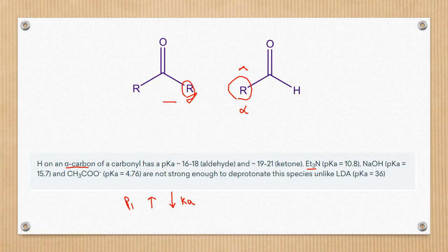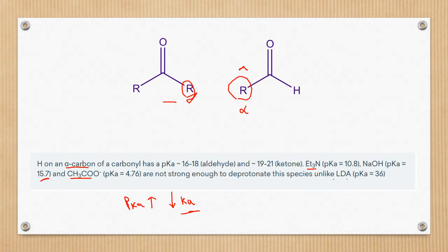In the case of triethylamine, sodium hydroxide and acetate, the pKa value of sodium hydroxide is high, which means its acidity is very low, so the basic nature of sodium hydroxide is higher. Here you need a very efficient base to deprotonate the proton at the alpha position.